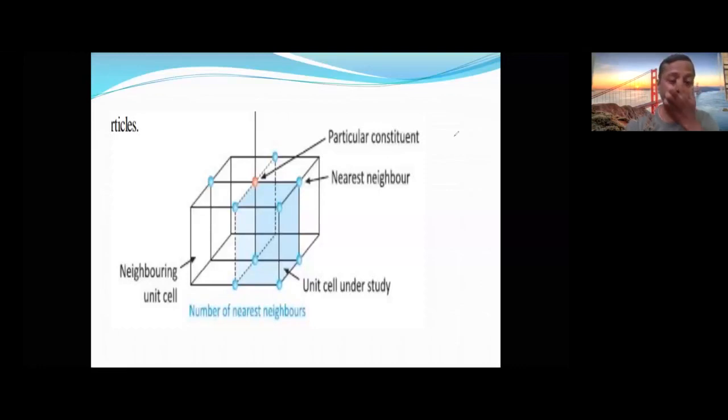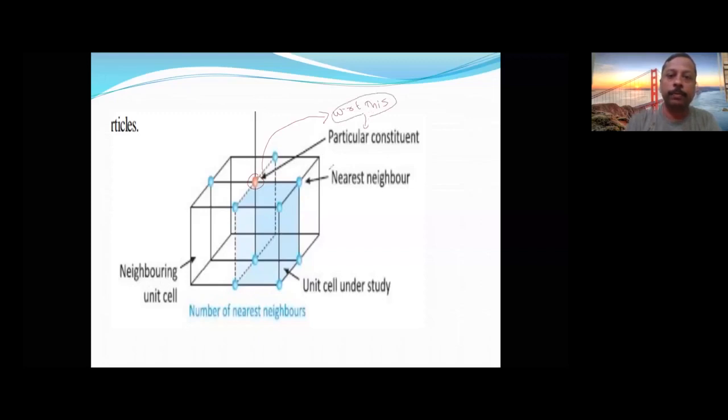Here I am taking one particular cell. My target lattice point is this. I am going to explain everything about the nearest neighbors with respect to this particular constituent particle.